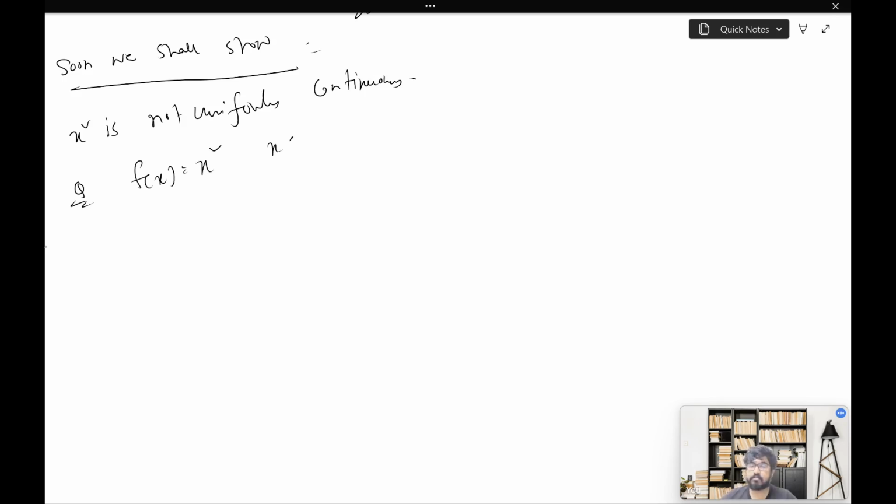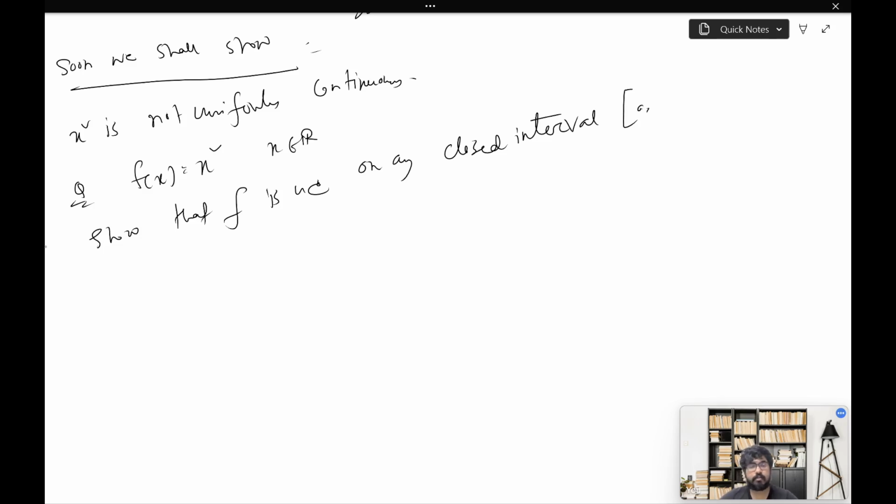Take f(x) equal to x square, x belongs to R. Show that f is uniformly continuous on any closed interval.